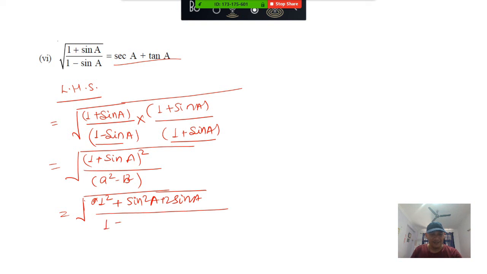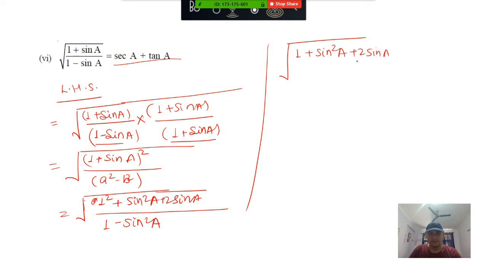So this becomes 1 minus sine square A, correct? So let me write it here now. In the numerator it becomes 1 plus sine square A plus 2 sine A upon 1 minus sine square A.